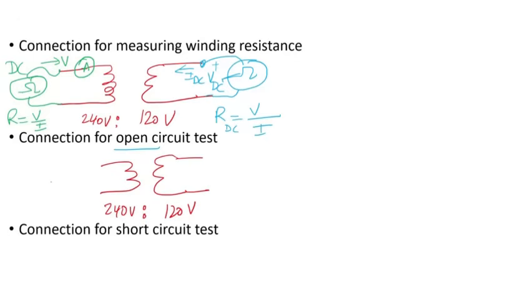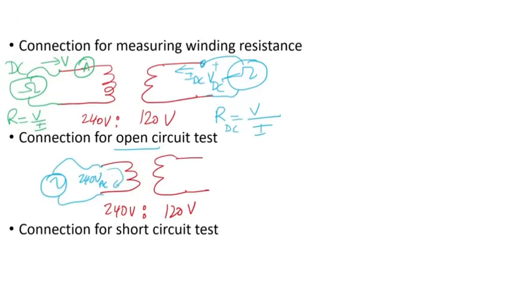So you have the source here, an AC source, and you apply 240 volts AC. Then you leave the other side open circuited. This will cause some current, which will be very small, as we saw from the test data.